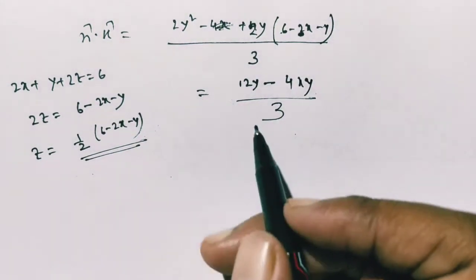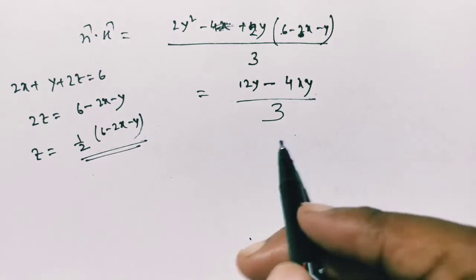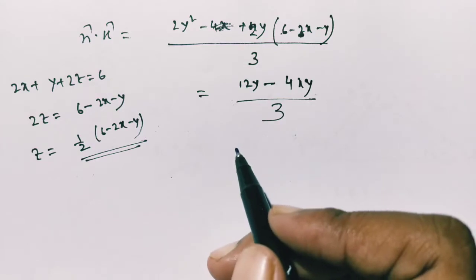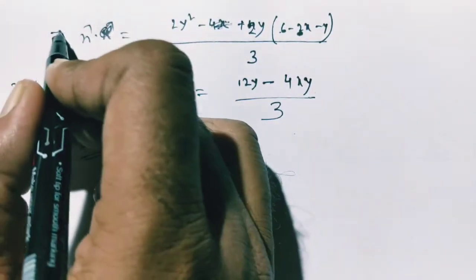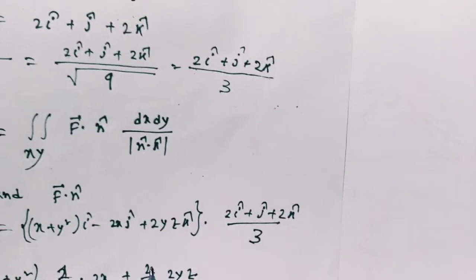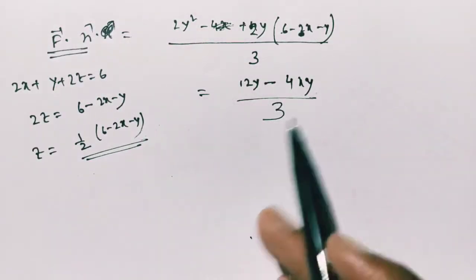So this will be 12y minus 4xy divided by 3. This is not n dot k, this was f dot n. I have found n dot k over here, this is 2 by 3, and this is finally f dot n in terms of x and y.